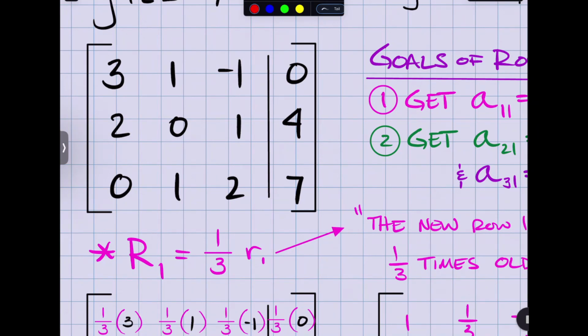Okay? So I have this all in color. So goal number 1 was to get A11. So when we get something to be a 1, the easiest way to do it is multiply by its reciprocal, right? So to make a 3 a 1, we just have to multiply by 1/3.